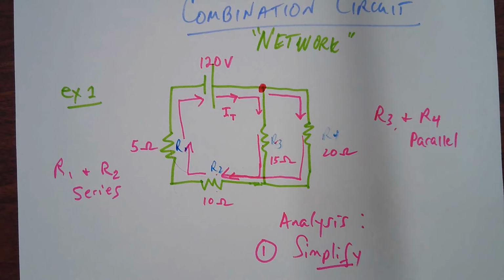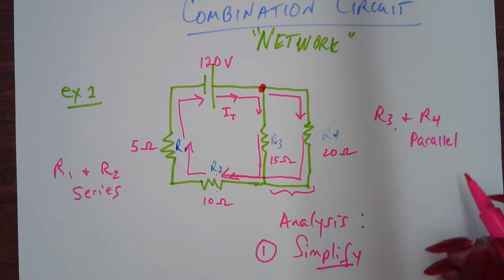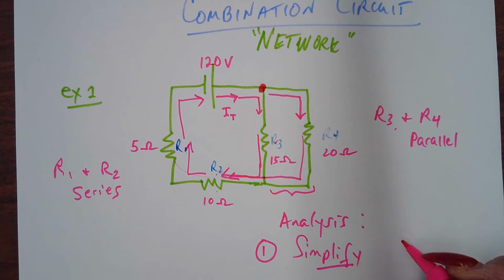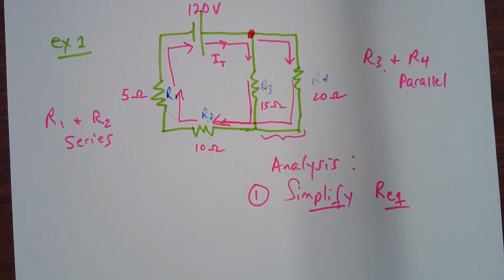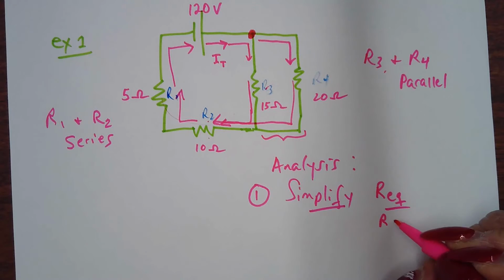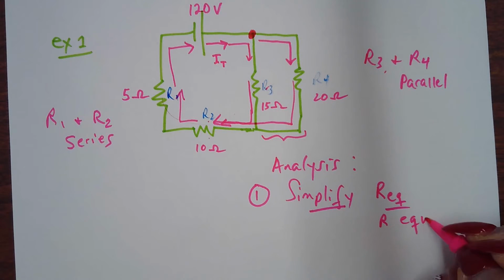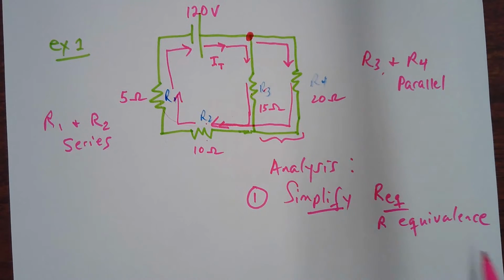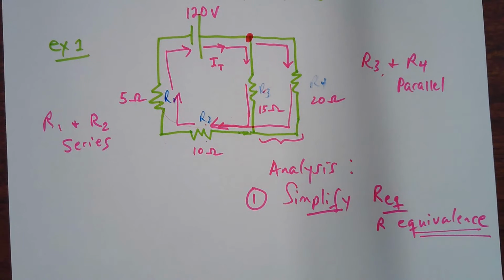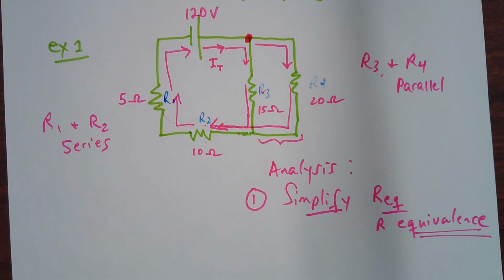So for R3 and R4, the first thing you want to do is simplify these two. Here we can find the equivalent resistance. We're looking for the total resistance. This is called the equivalent resistance, R equivalent. The equivalent resistance is not the total yet, but the total of the parts of the circuit.